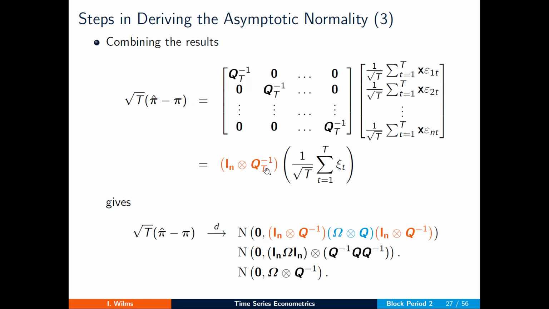And Q_T indeed converges in probability to Q, so its inverse converges in probability to the inverse of the population analog. Then, making use of some rules for Kronecker products, the first term is simply the omega matrix, and the second term is the inverse of Q. And this concludes then the derivation of the asymptotic normality in our first video.